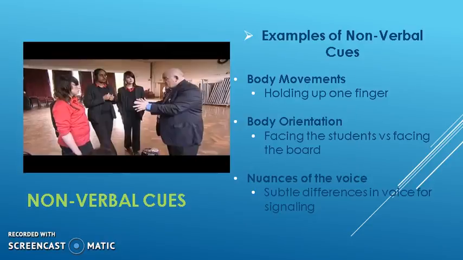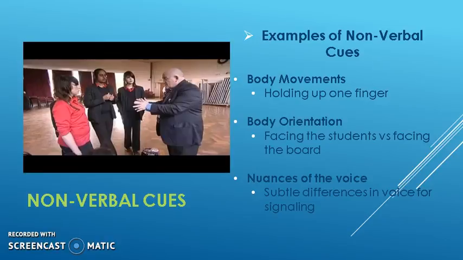And finally, we have nonverbal cues. Some examples of nonverbal cues are body movement, body orientation, and nuances of the voice. All those play a significant impact in how you use them together. If you have an incorrect nuance of the voice, but correct body movements, it may not be sending the right signal.